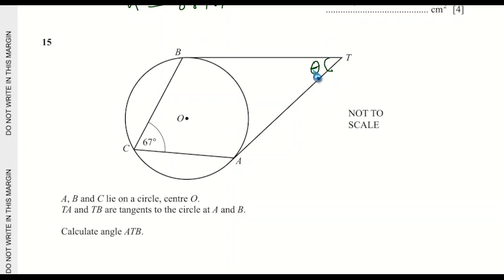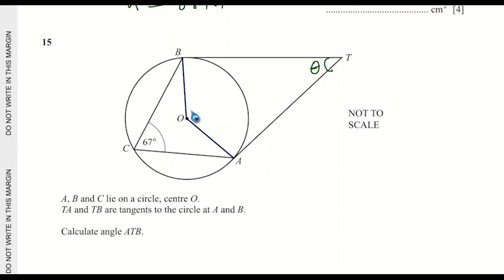If you look at the diagram, you see that this is the center of the circle as stated in the question. You may want to draw two lines here, one radius from O to B and from O to A. It makes sense when you do so.